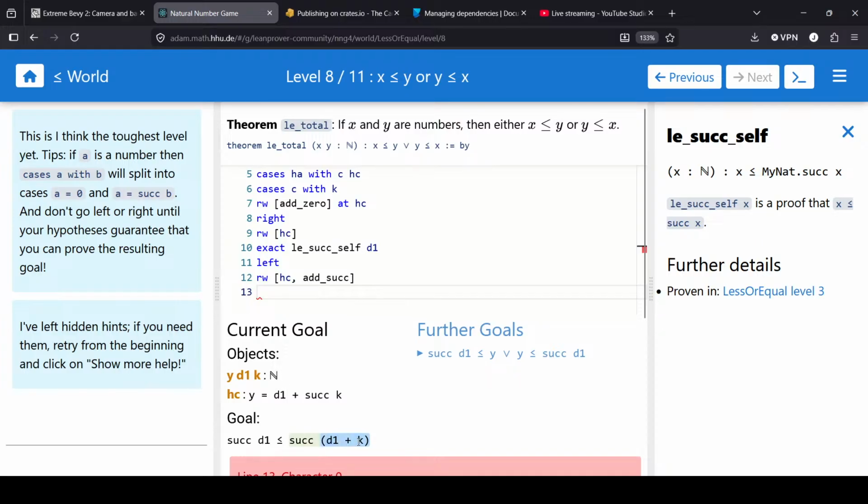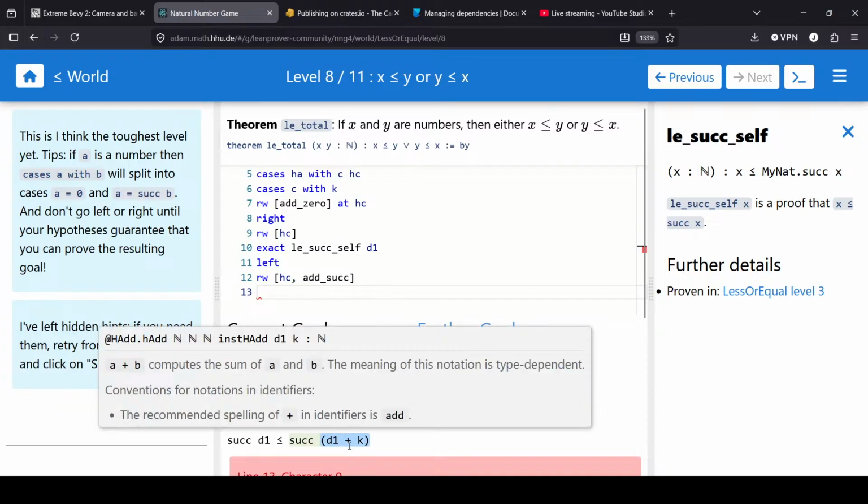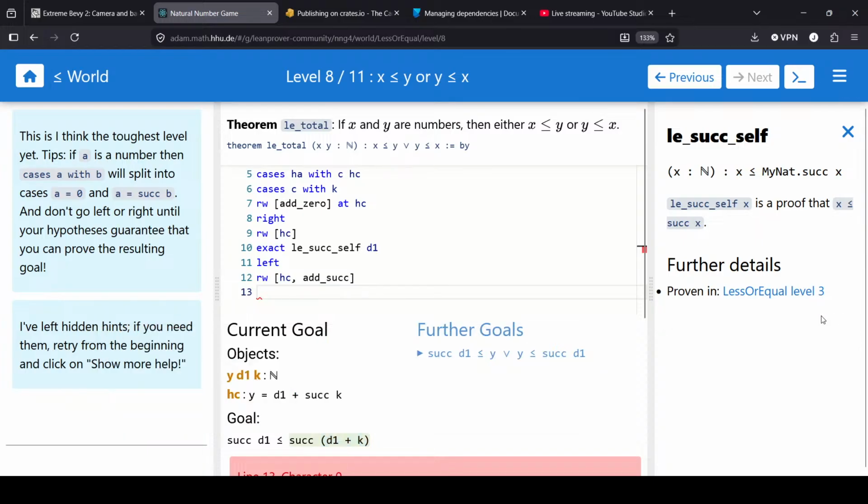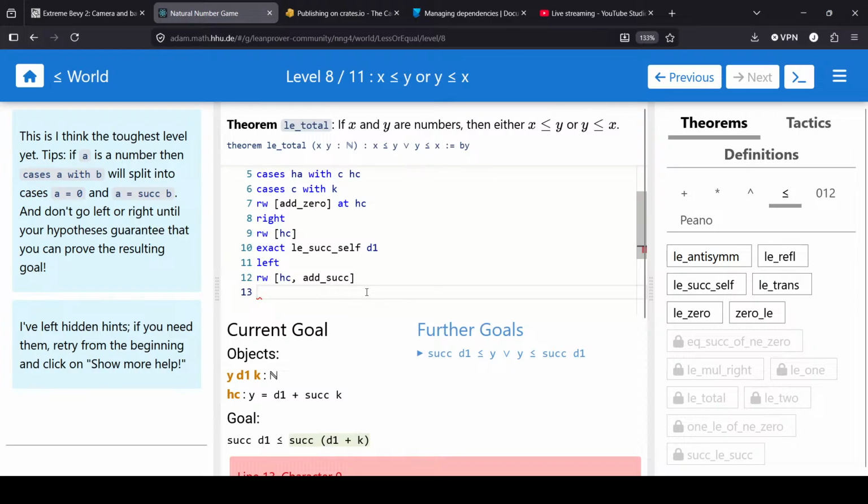Because I could convert this into a successor of something else. How did I prove inequalities earlier? I used the use. Use k? Is that right?